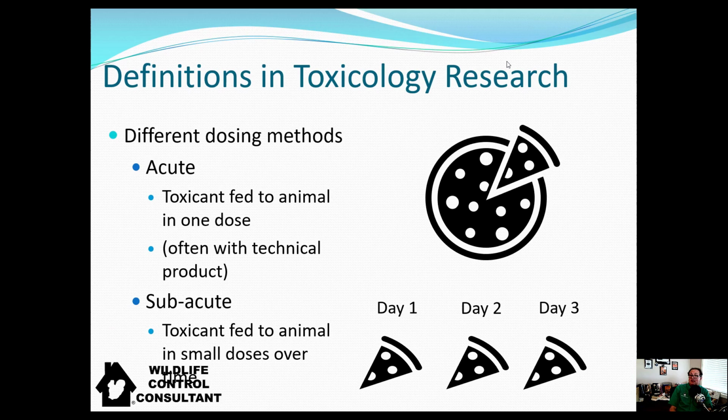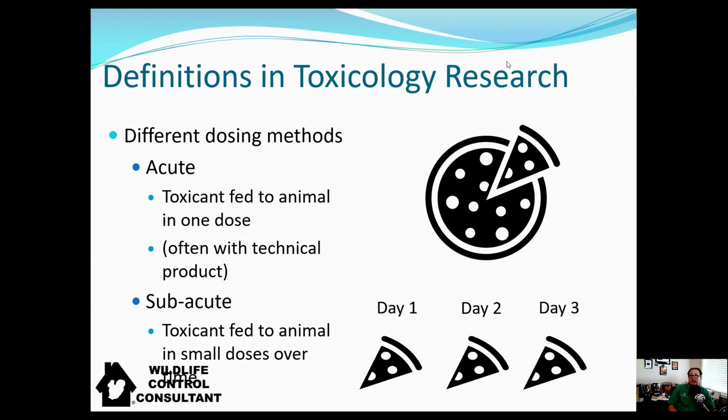That's 50% of the population. So that's the acute dosing method. All LD50 tests are done with acute poisoning: how much is needed to kill that animal with one dose, whatever that dose size may be.